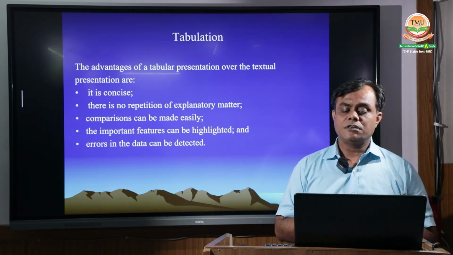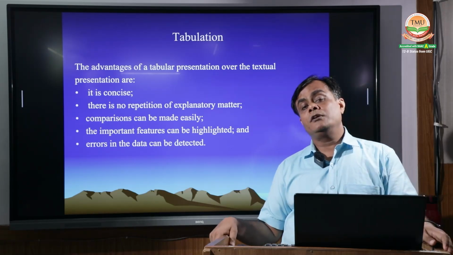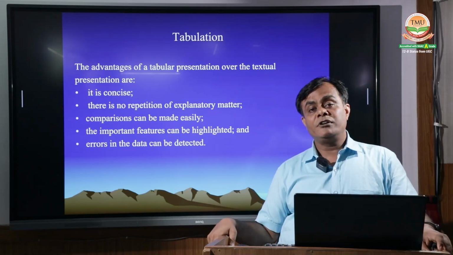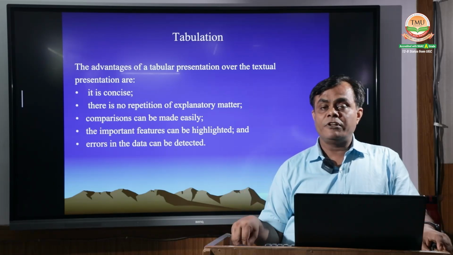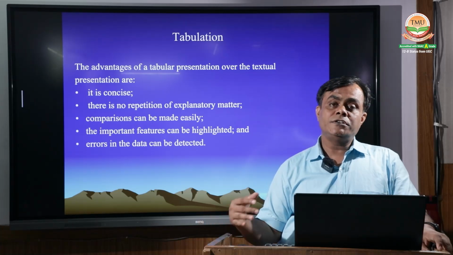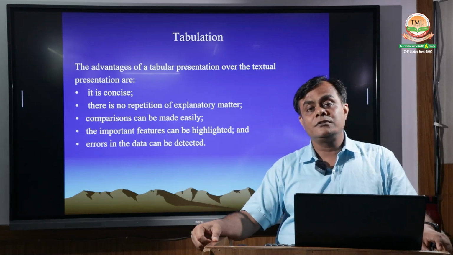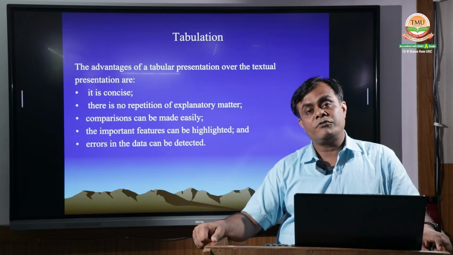And the third one is that comparison can be made easy. When you are comparing events on a different time frame of the same event, or comparing different events or activities on the same time frame, it is very tough to get the understanding from data in textual formation.